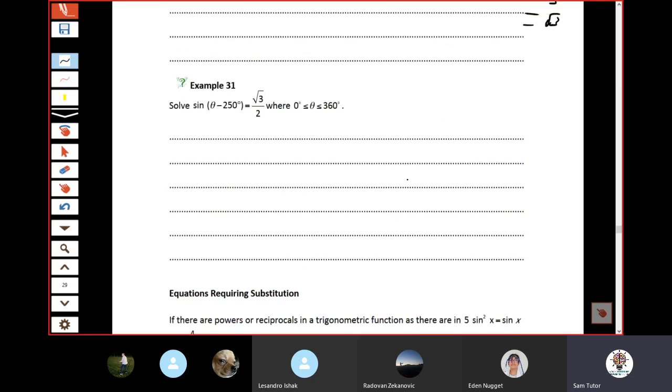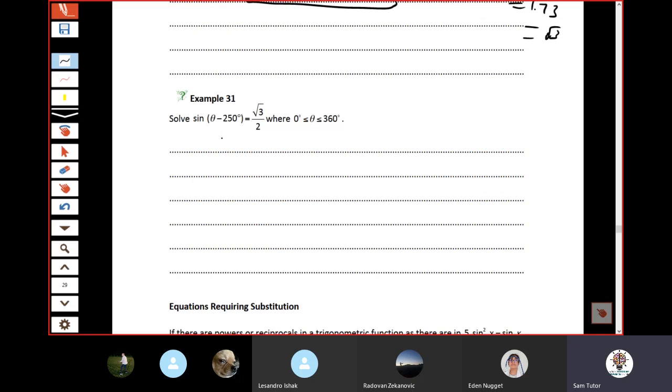Let's try this one. Sine of theta minus 250 equals root 3 on 2. All right, again, I'm just going to inverse sine. 60 degrees. Then I ask myself, all stations to central, where is sine positive? Here and here.